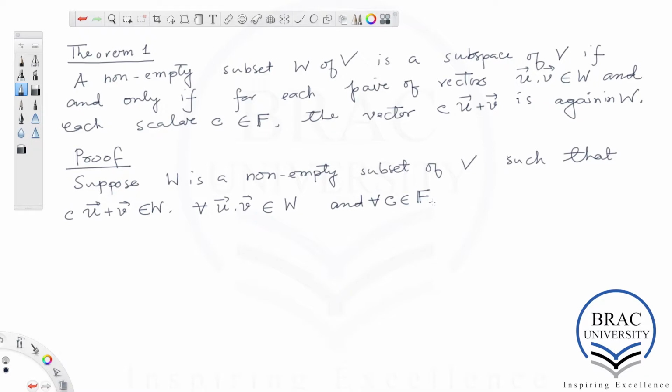Okay, since W is non-empty, there is a vector, which we denote by W, in big W, which is the subset of V. Okay, and we know that this holds, right?